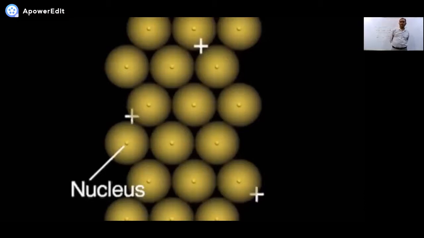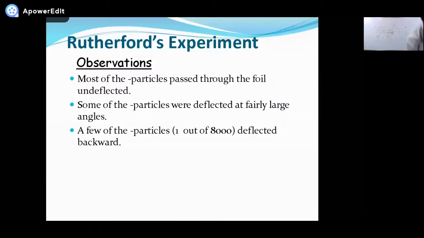So you have seen most of the alpha particles are passing through. A few are bending at large angle, showing they are deflected by the positive nucleus, and a very few are bouncing back, meaning they are being hit by the nucleus itself. So what are the three observations?